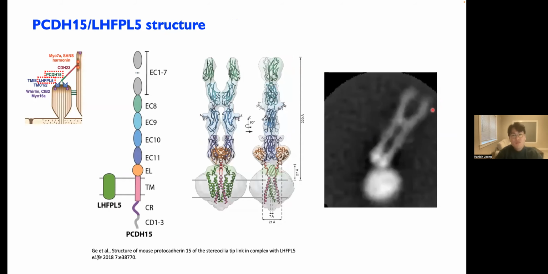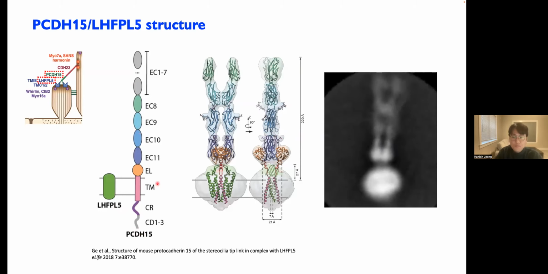About 5 years ago, postdocs in the Gouaux lab, Jinpeng and Johannes, elucidated the structure of LHFPL5 and protocadherin 15, which showed that protocadherin 15 and LHFPL5 form a heterotetrameric complex.